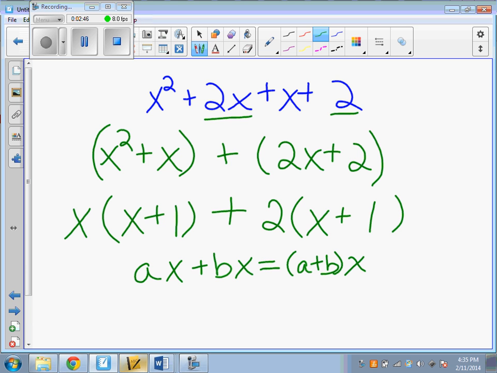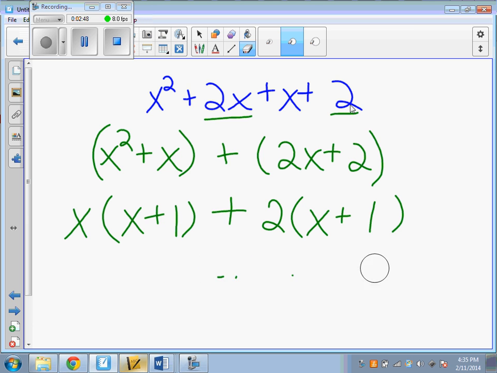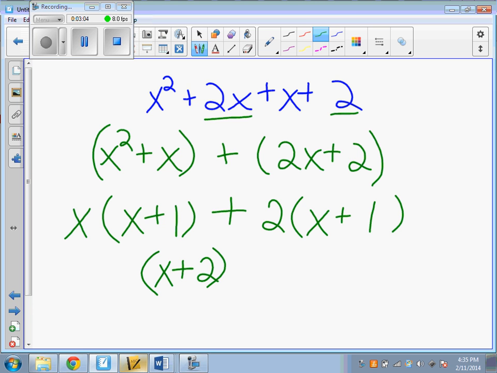So that's what we're going to do with our terms above. Since x and 2 are both being multiplied by x plus 1, we can combine the two. So x plus 2, we're going to make that a binomial, and they were both being multiplied by x plus 1.